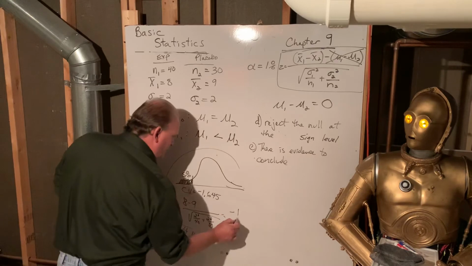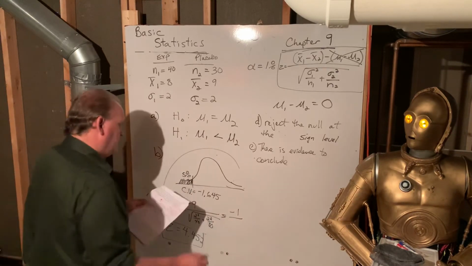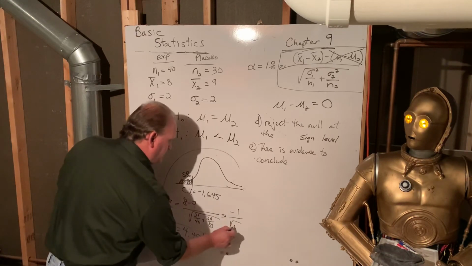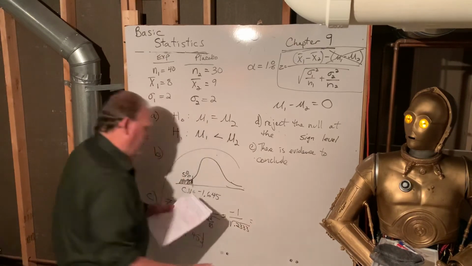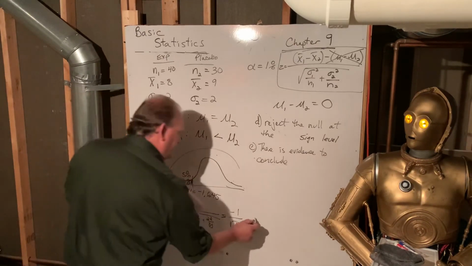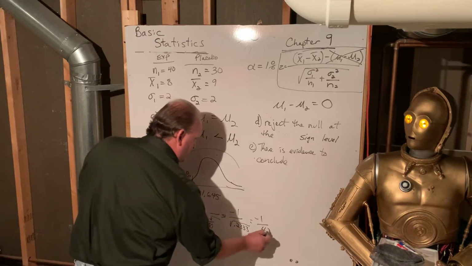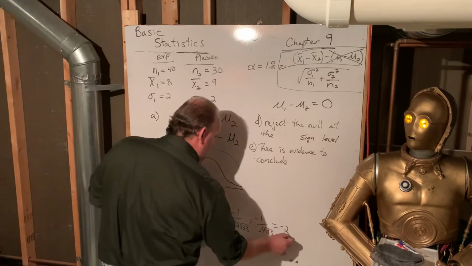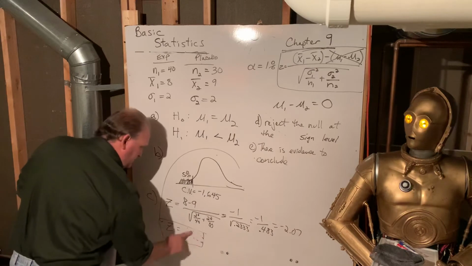So we get negative 1 over the square root of 0.23333, and that's negative 1 over 0.483, and that's negative 2.07.